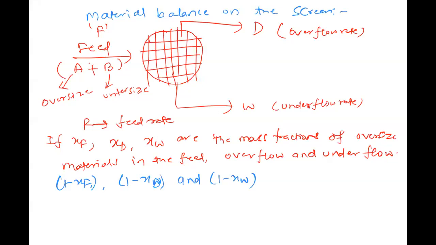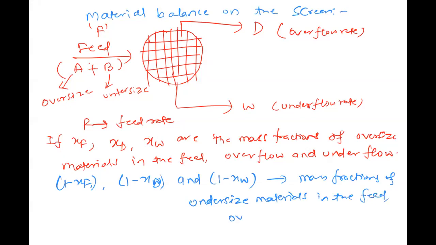So just write: mass fraction of undersized material in the feed, overflow and underflow respectively. Yes or no? I hope this is clear to all of you.